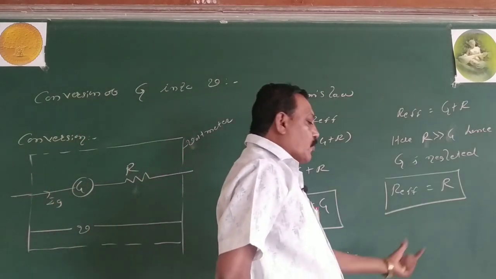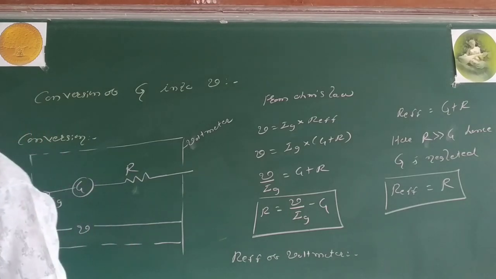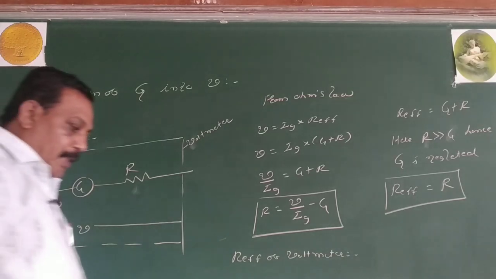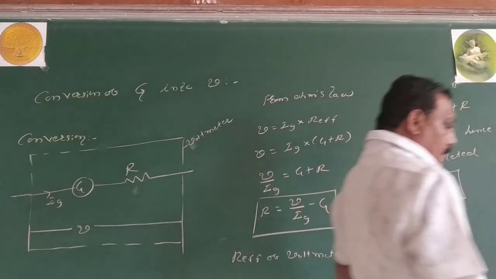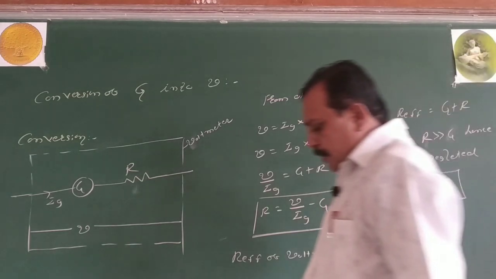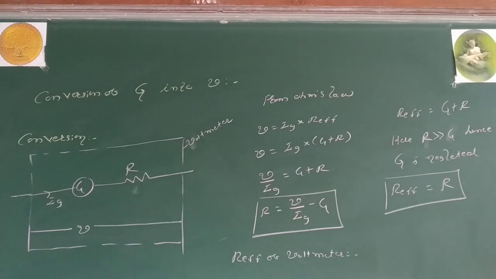Ideal voltmeter has infinite resistance. Is it clear? In the case of the ammeter, it is a low resistance device, and the ideal ammeter has zero resistance. The voltmeter is a high resistance device, but the ideal voltmeter has infinite resistance.